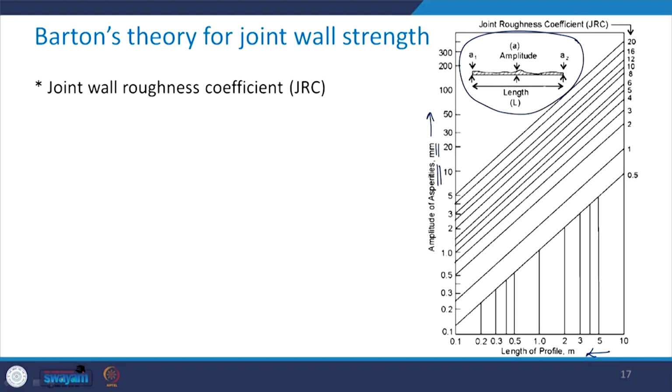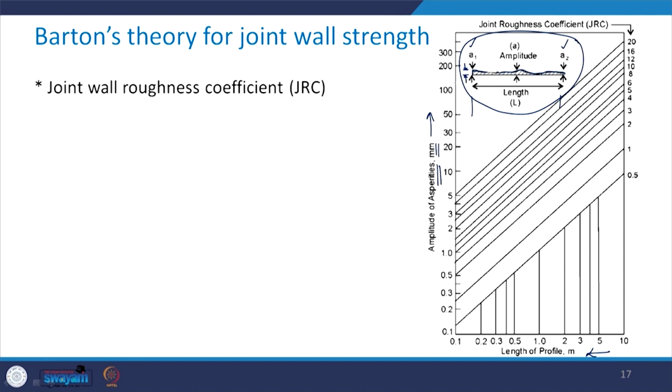This is the length, and over this length, whatever the rock roughness profile, you take its amplitude at various locations, A1 here and A2 here, and you can find the average amplitude of the asperities along that length.